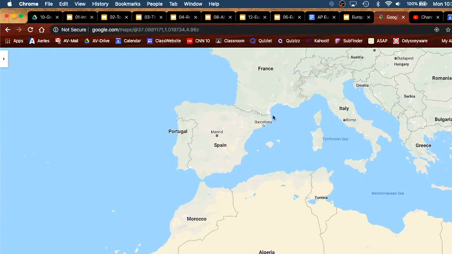It's a chain of mountains that kind of makes a natural boundary between France and Spain. Spain and Portugal share a lot of common history. Portuguese, the language, and Spanish, the language, are incredibly similar.